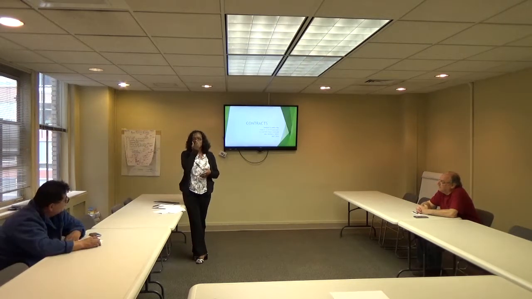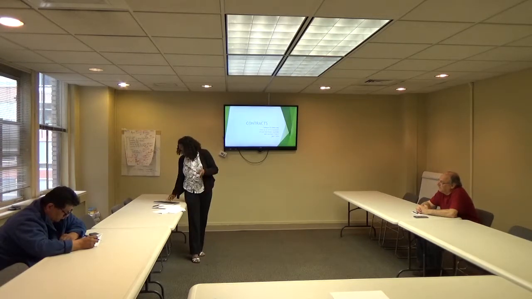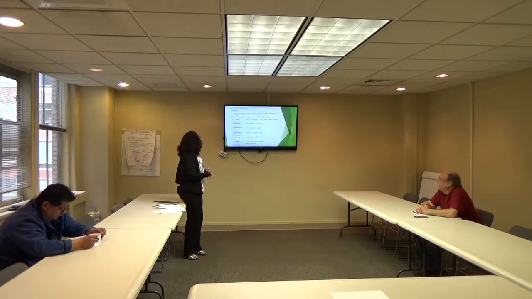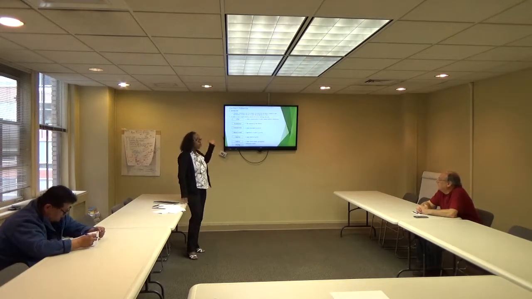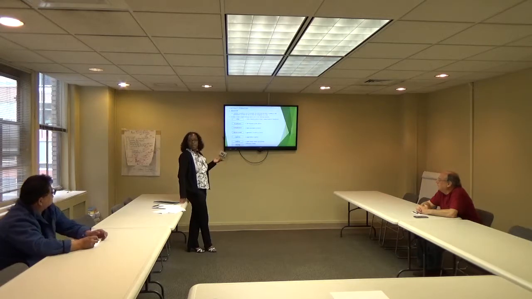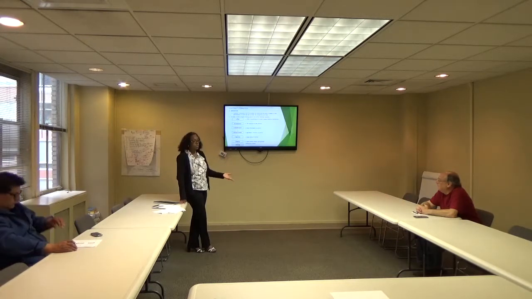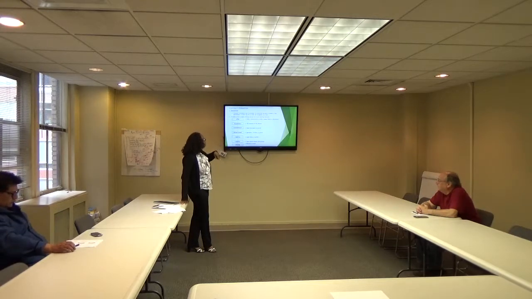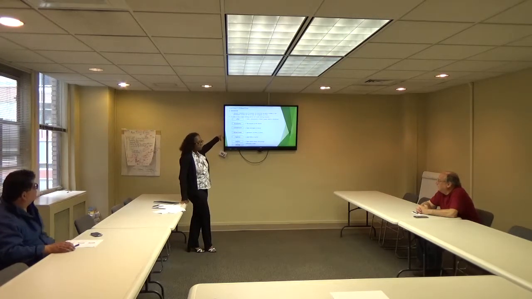Okay, so basically contract formation, we're going to discuss how do we form a contract. To form a contract, you have to have an offer. So you have to have someone that is offering something, goods or services, and once you see that there's an offer, there has to be an acceptance.